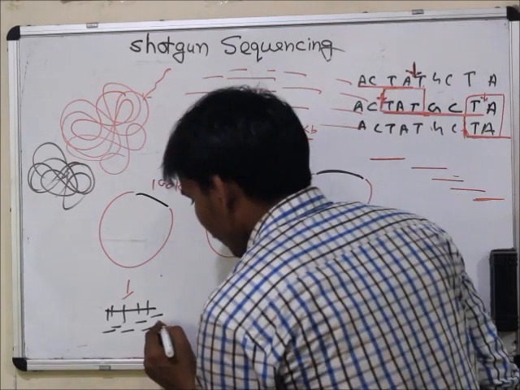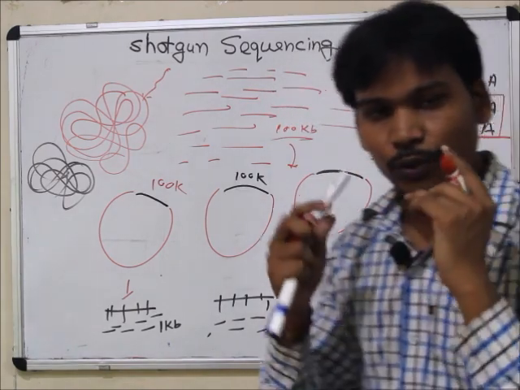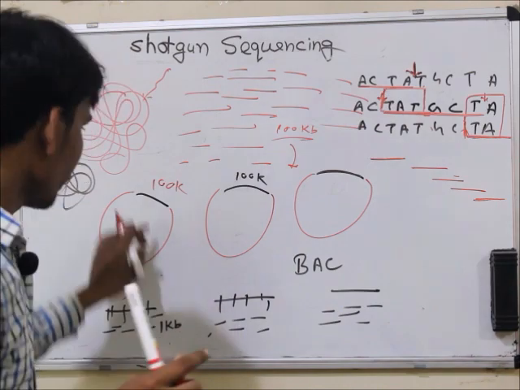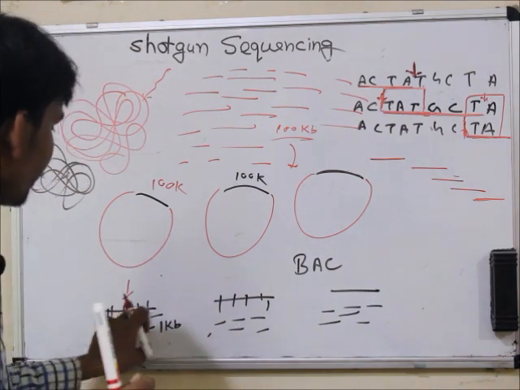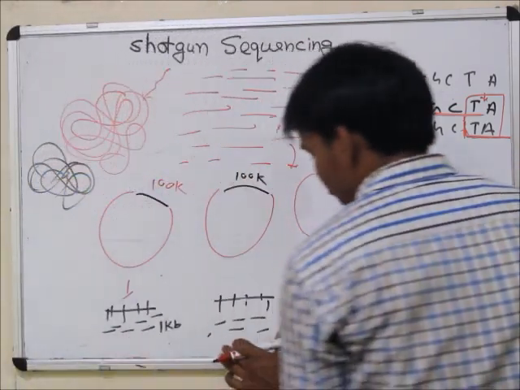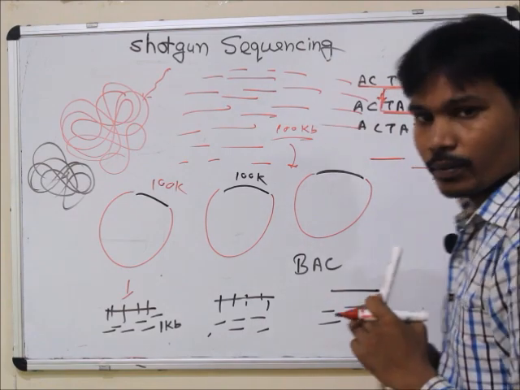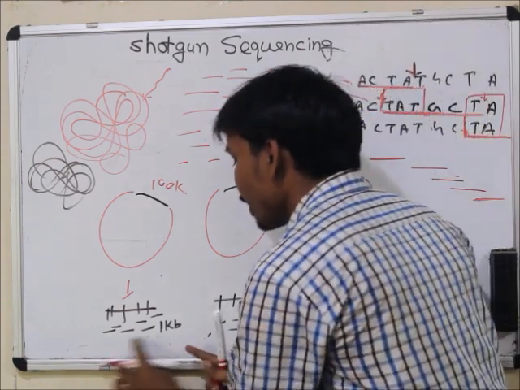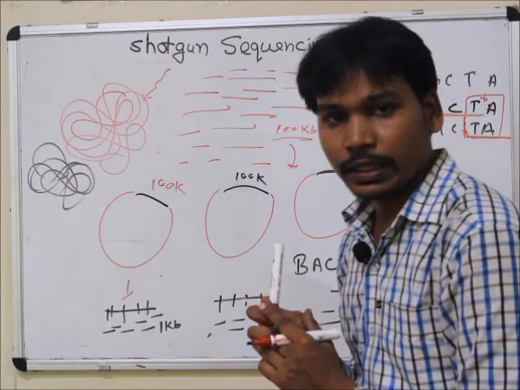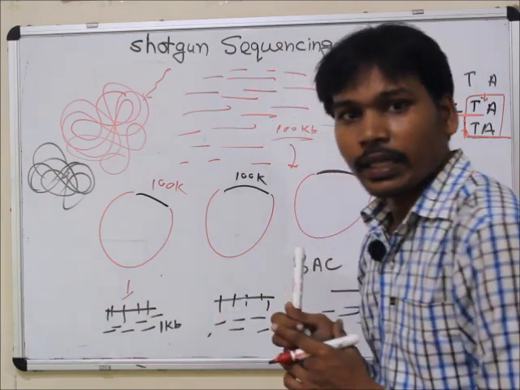And these will be near about 1 kb fragments. So 1 kb fragments will be obtained from this 100 kb. This will again be aligned this way and sequenced by the Sanger DNA sequencing method, the dideoxy method.